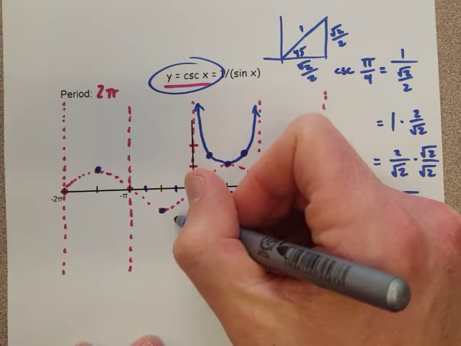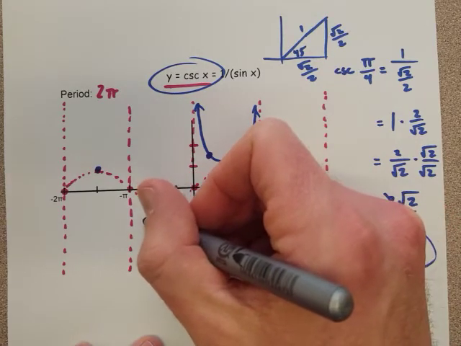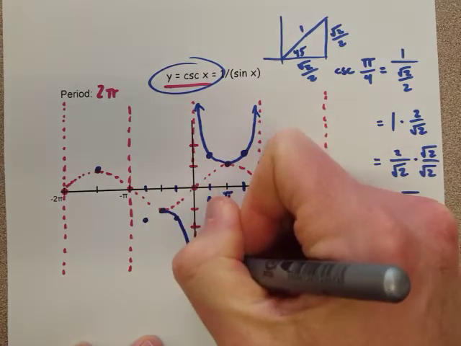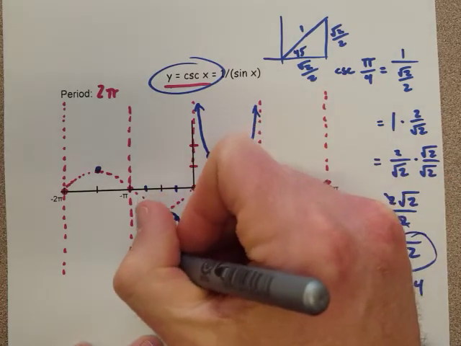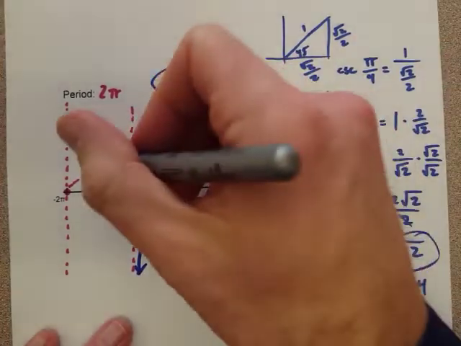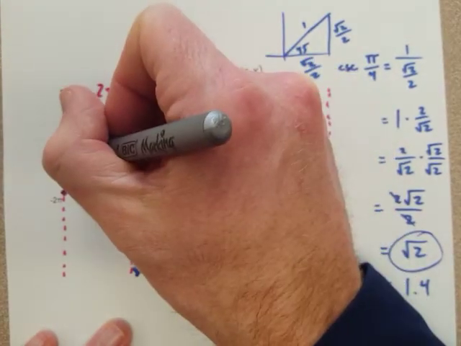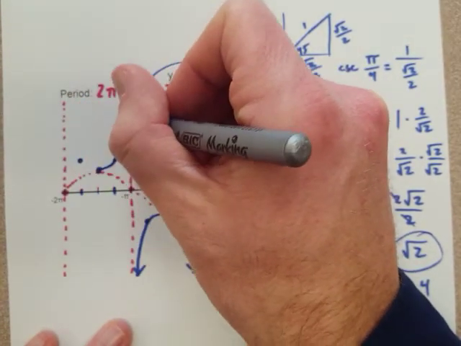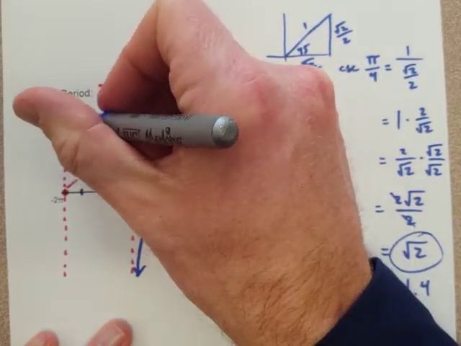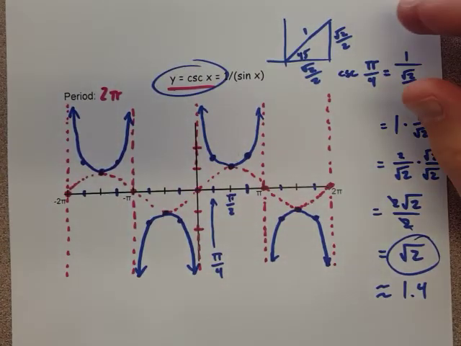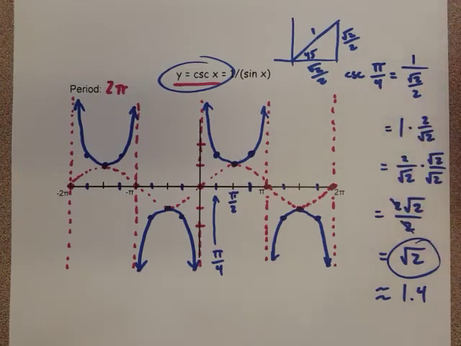And we're going to do that for the 2 full periods that we have set out. So we've got that, and then we've got one more about right there and about right there. And we've got a pretty good looking graph of cosecant.